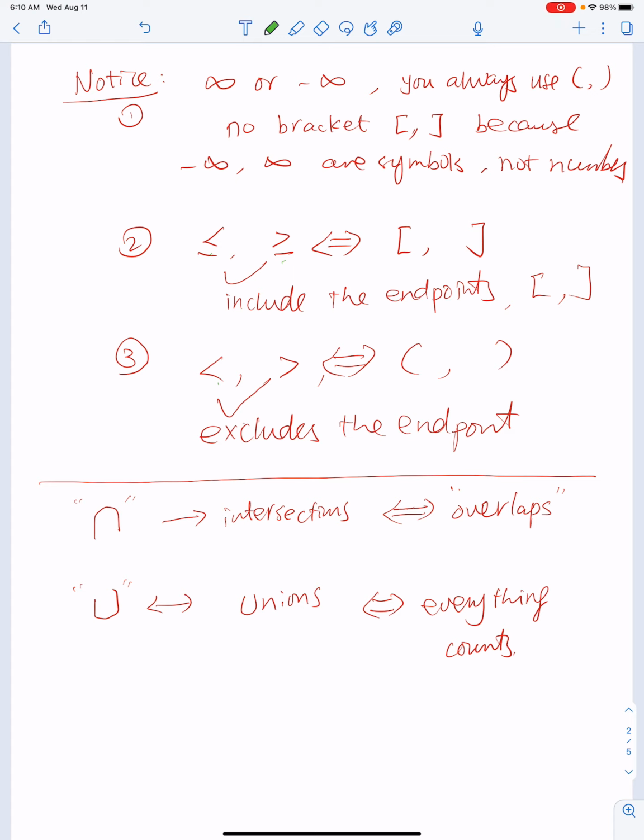But in the middle, you always have the overlap. The shirt and the pants, part of them are overlapping. So that means the intersection. The union means everything counts. So if it's part of the clothes, then it counts.